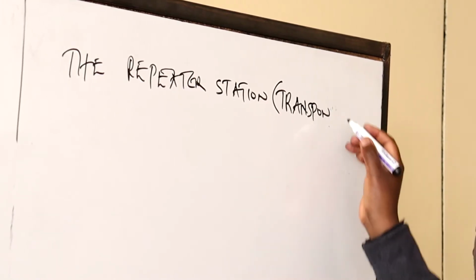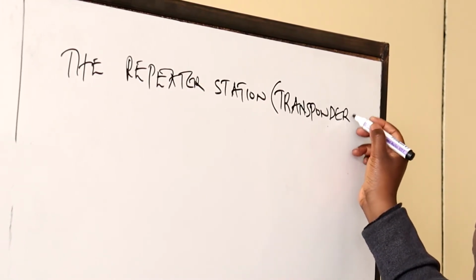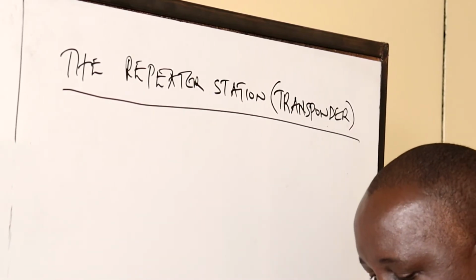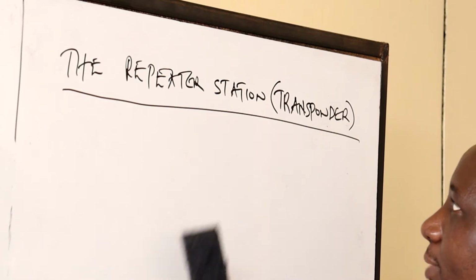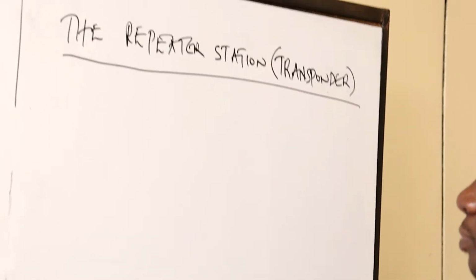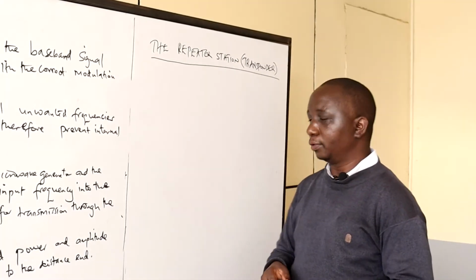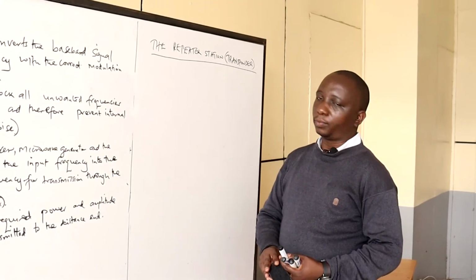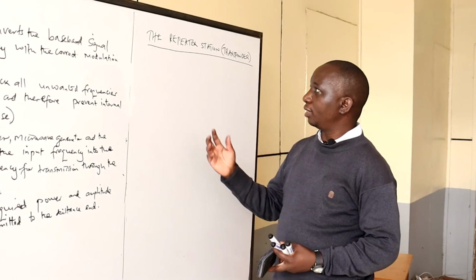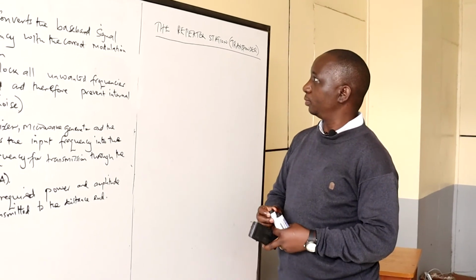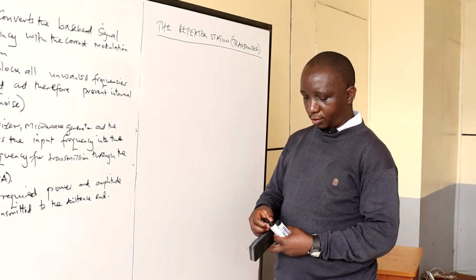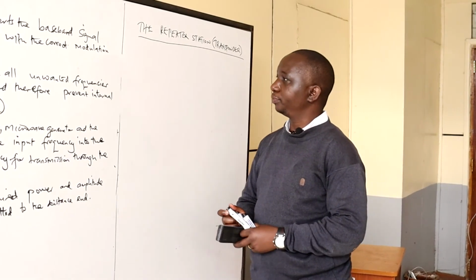A repeater station is a station whereby we are able to regenerate the signal to the required amplitude and frequency. So we are also going to explain this with the aid of a diagram so that we are able to figure out the correct way possible. We're going to have the diagram.